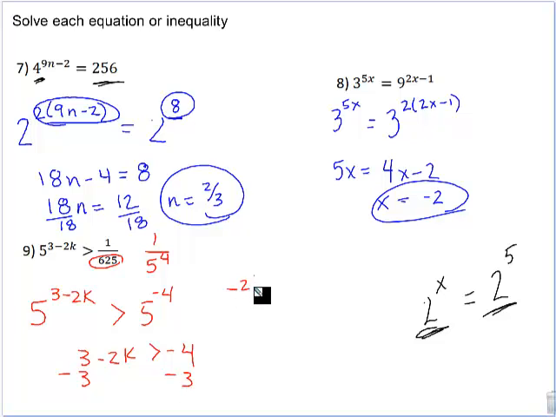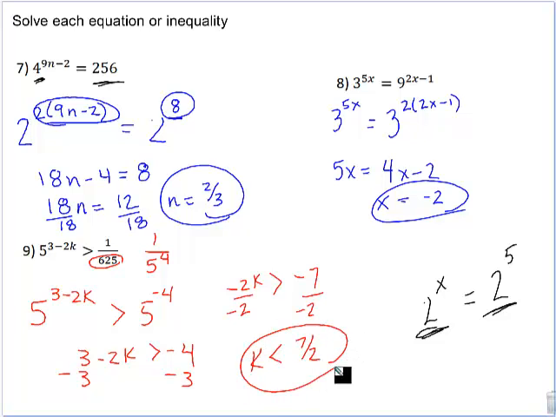So we have negative 2k is greater than negative 7. Divide by your negative 2, and then what happens? k is less than 7 halves, because when you divide by a negative, you've got to make sure you flip the sign around. All right, is this okay?